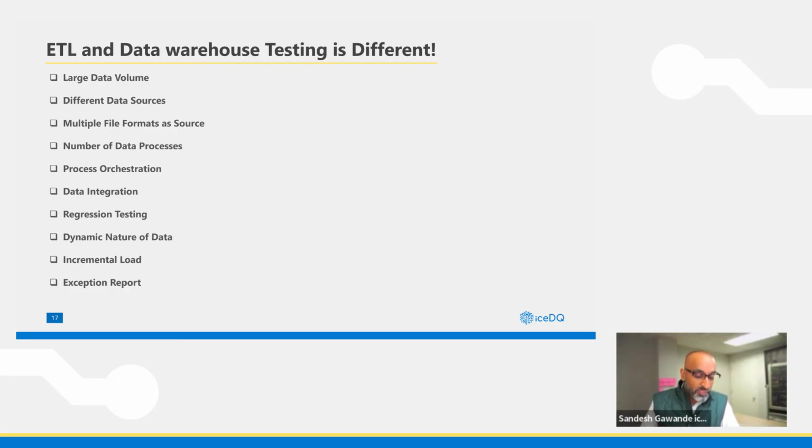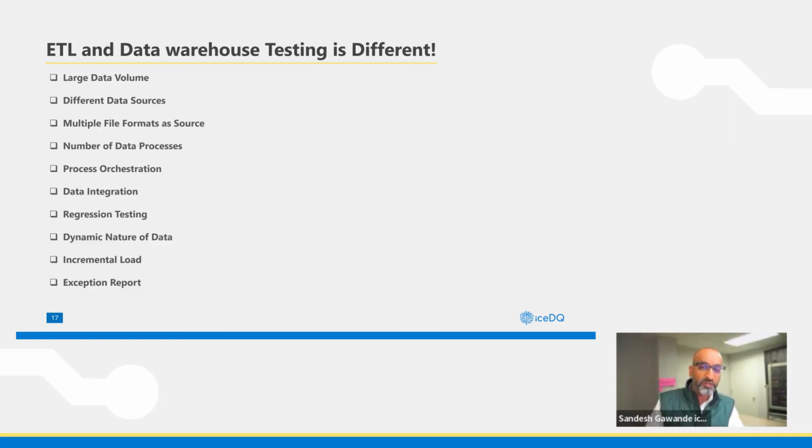Then another issue, which is very unique to data warehousing and ETL, is what you call incremental load. The first time you receive a million records, but every day only a few customers are added or a few transactions are done. So you're only dealing with the incremental load. How do you test incremental load?